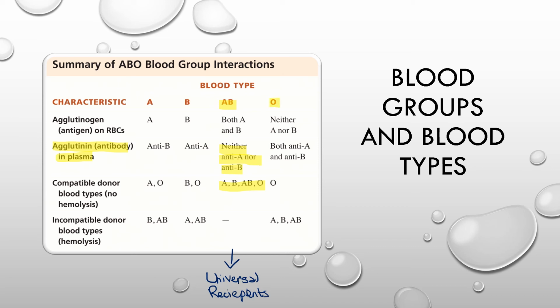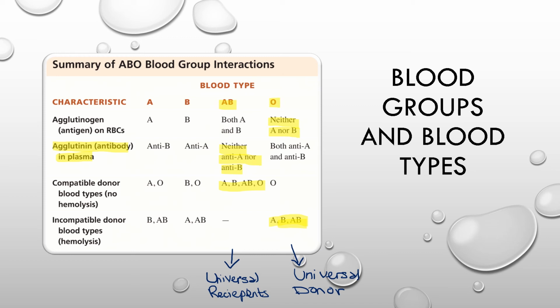Type O blood type, they have neither A nor B antigens on their red blood cells, and because of this, they're sometimes called the universal donor. This is because they theoretically can donate blood to all 4 blood types.